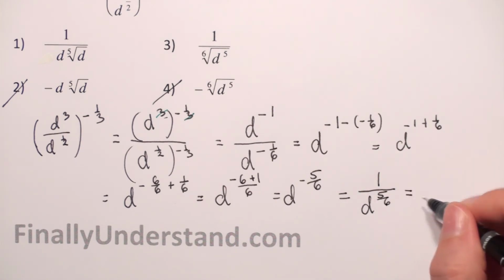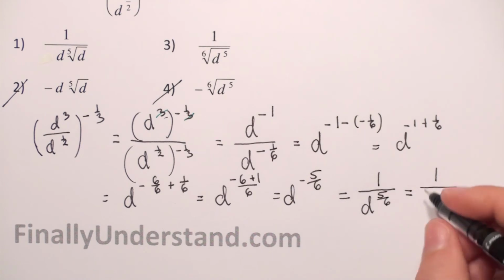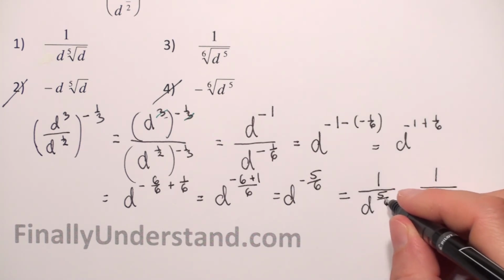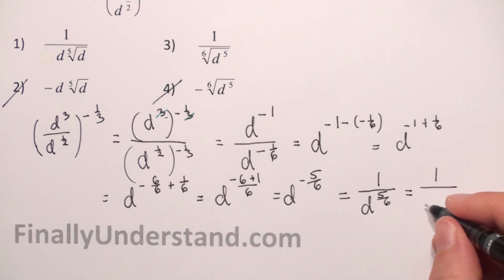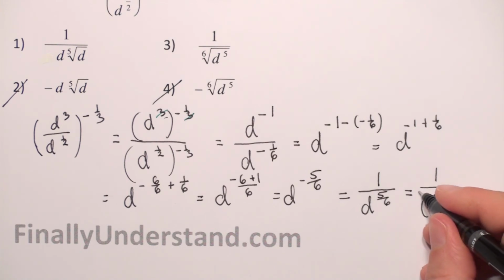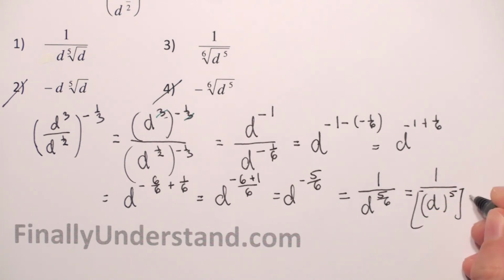And this is equal 1 over, and first we can rewrite this power as d to the power 5, and everything to the power 1 over 6. 5 times 1 over 6 is 5 over 6.